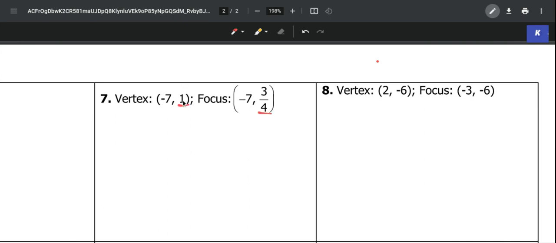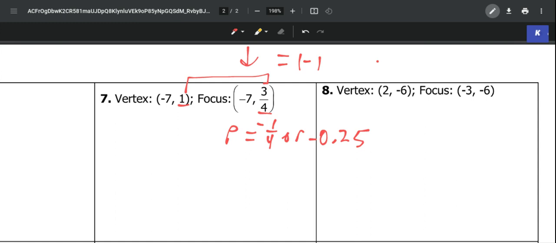Now, to go from 1 to 3/4, you're actually going down, or you're subtracting by 1/4, which would be a negative, or negative 0.25. So hopefully that makes sense. When you're going from this point to this point, you would be going down, so that gives you negative.